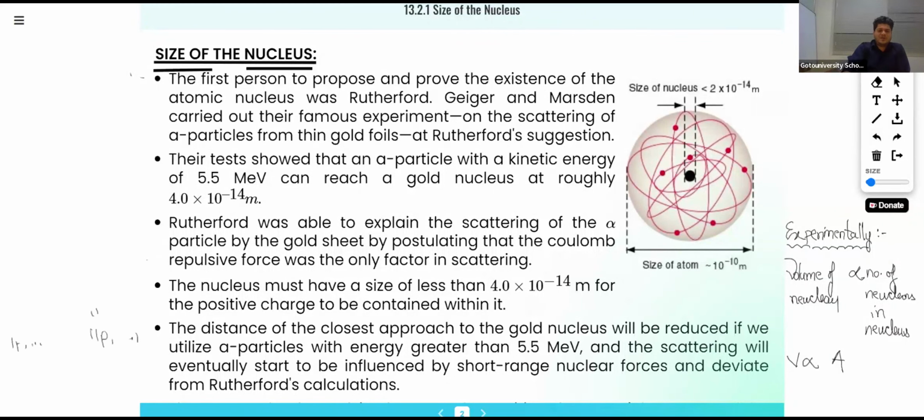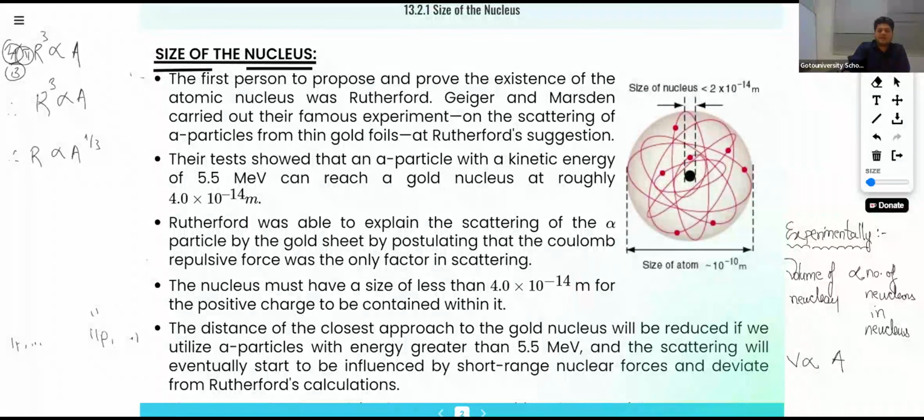So in place of volume, can I write 4 upon 3 pi r cube? Directly proportional to A. 4 upon 3 and pi are constants, so I can write that r cube is directly proportional to A. So therefore I can write r is directly proportional to A raised to 1 upon 3.